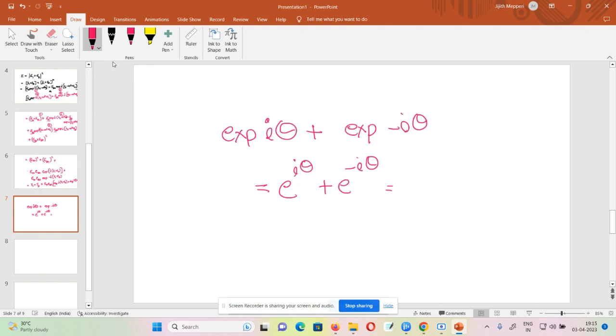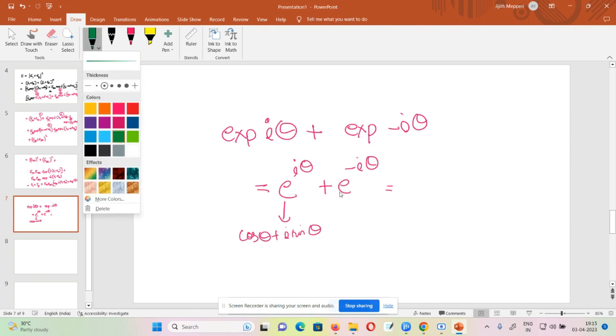You can write a complex term in this exponential form. Similarly, e raised to i theta is cos theta plus i sin theta. Correct?